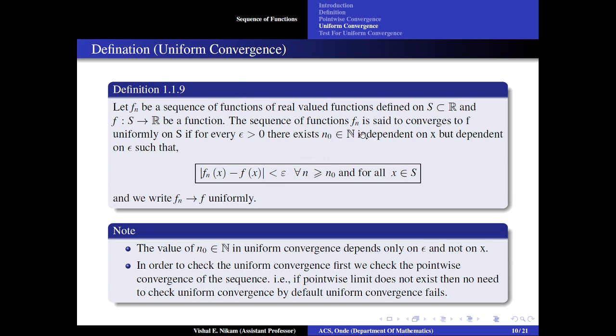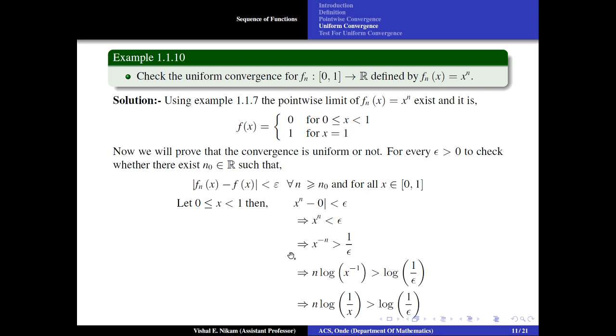The sequence of functions fn is said to converge to f uniformly on S if for every epsilon greater than 0 there exists n naught belonging to capital N, independent of x but depending on epsilon, such that the modulus of fn of x minus f of x is less than epsilon for all n greater than or equal to n naught and for all x belonging to S. Hence we write fn converges to f uniformly. That is, n naught depends only on epsilon and not on x. This is the basic difference between uniform convergence and pointwise convergence. How does it work? Let us see an example.